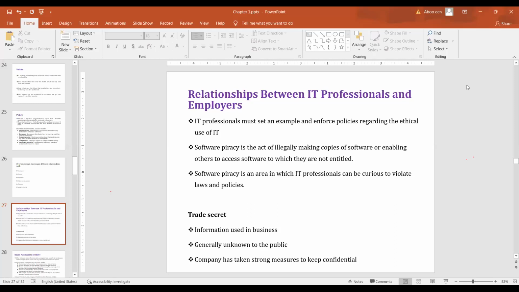At the same time, some companies have trade secrets, business secrets, or business trade secrets. These trade secrets should also be properly secured.